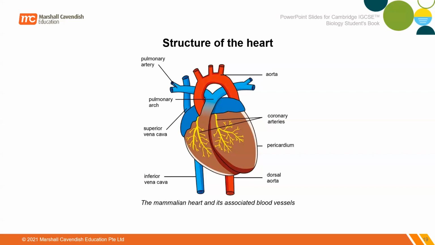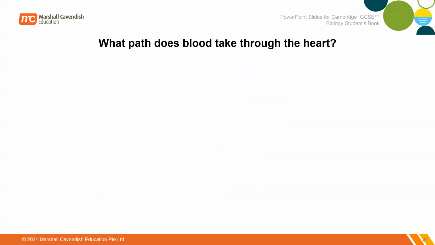And definitely it will be a serious problem if there is a blockage in this artery, because the heart muscle itself will not take the nutrients needed for respiration, and eventually this part will die. Okay.